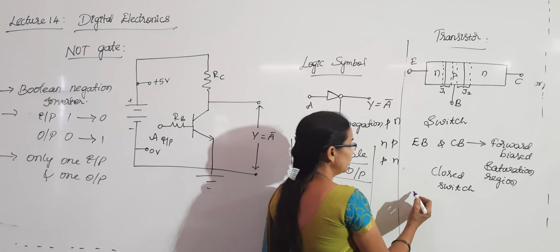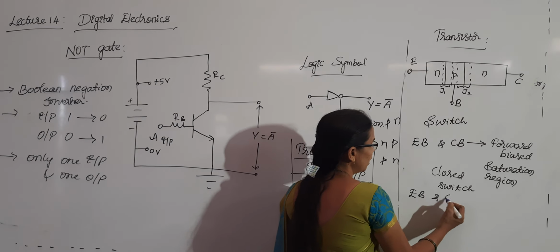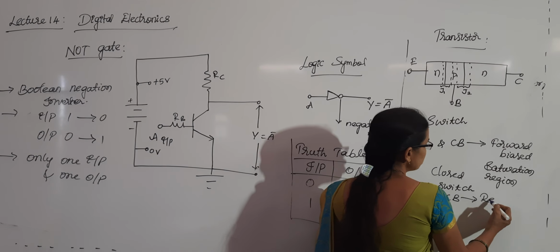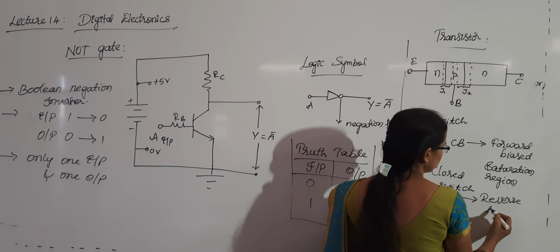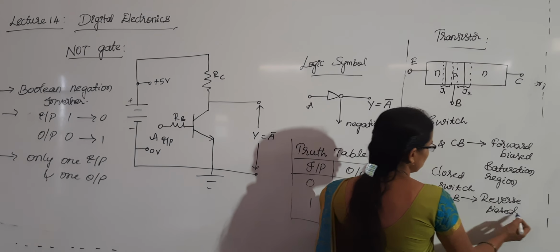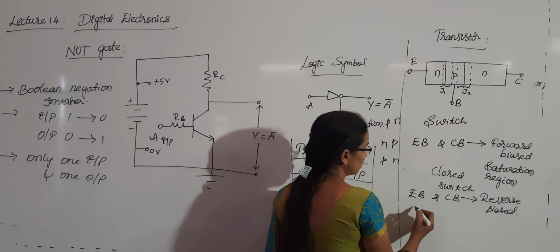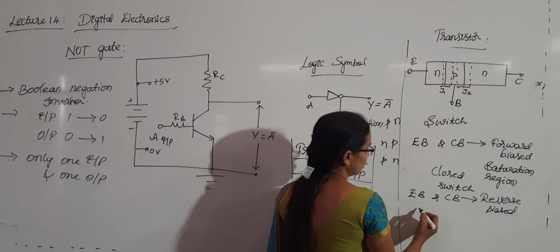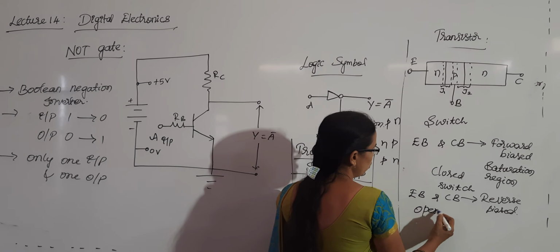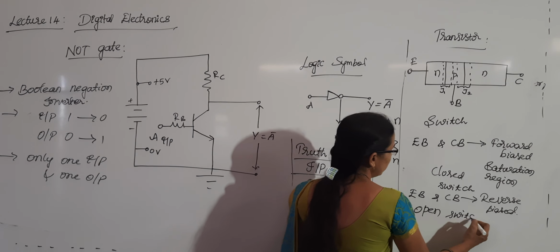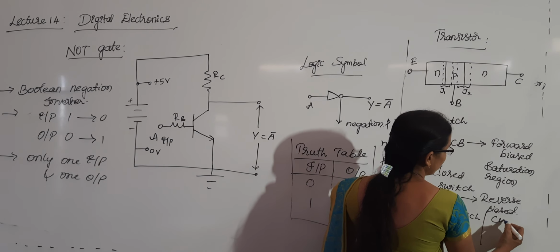When the emitter base junction and collector base junction are both reverse biased, then the transistor acts as an open switch. That time the transistor will be in cutoff mode.